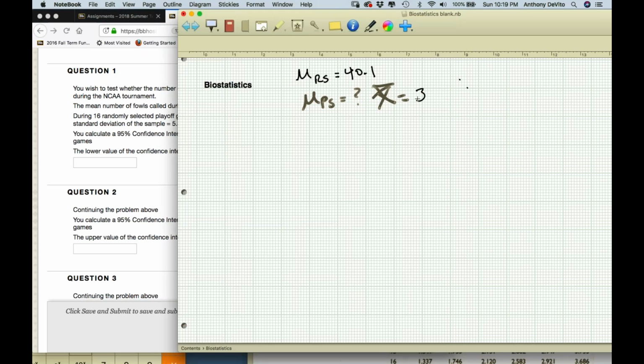So I want to know whether mu for the regular season is equal to mu for the playoff season.